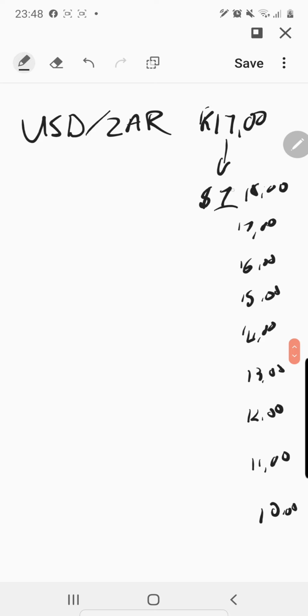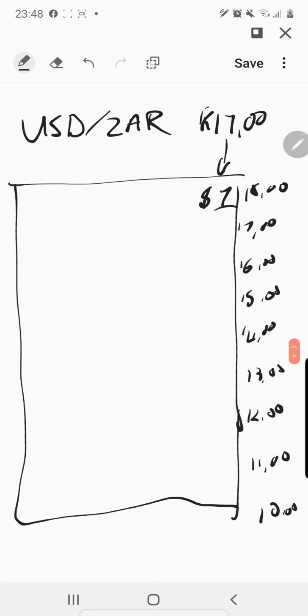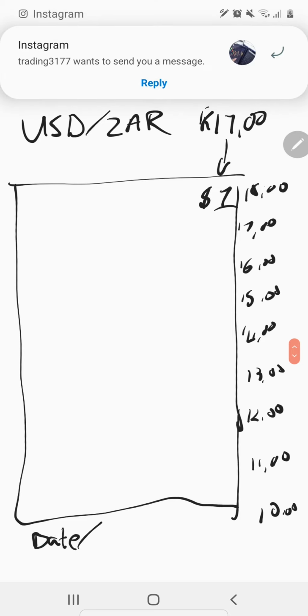That is the current exchange rate. And then this will be the date and time.